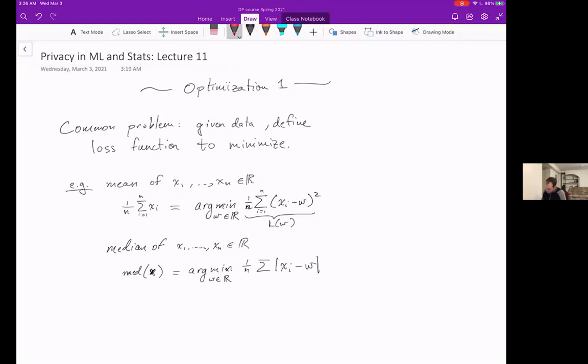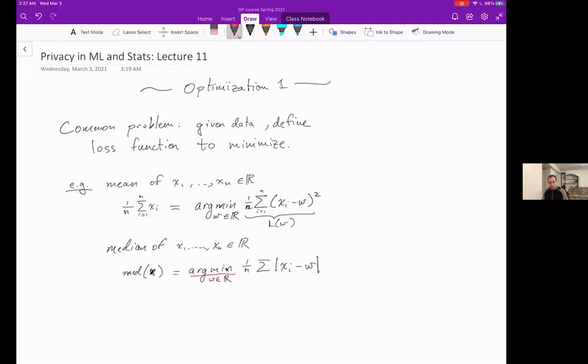You may not have seen this notation before, but just to explain what this argmin expression means, it means that I want to return the value that minimizes the expression that follows. If I were to write minimum of that, I would want the actual minimum value of the expression.